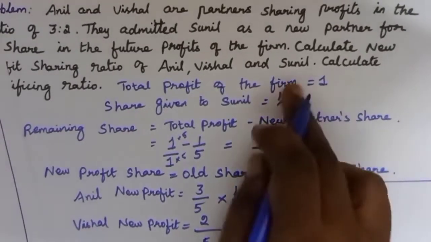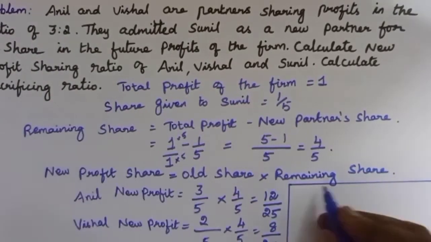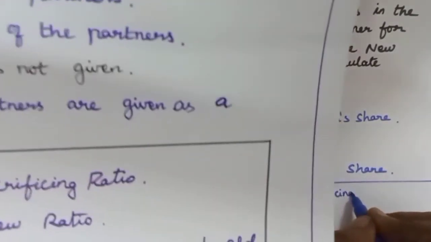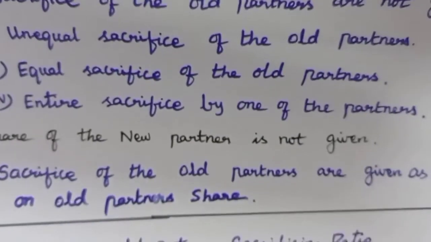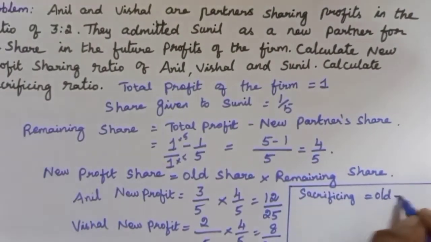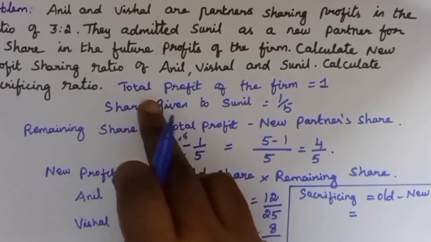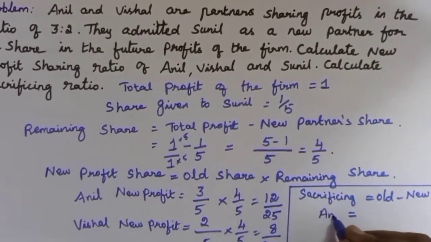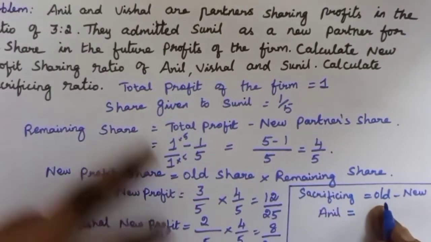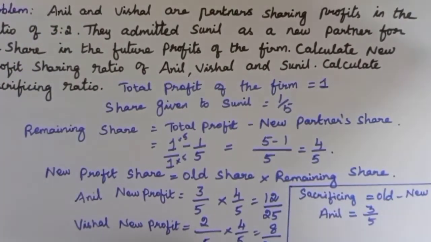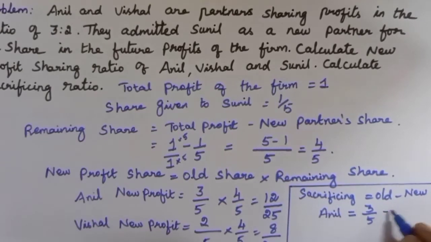Next, we have to find out the share sacrificed by the old partners. Share sacrificed by the partner is equal to old profit share minus new profit share. Share sacrificed by partner Anil is equal to Anil's old share 3 by 5 minus new profit share 12 by 25.